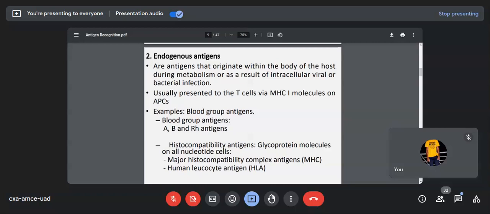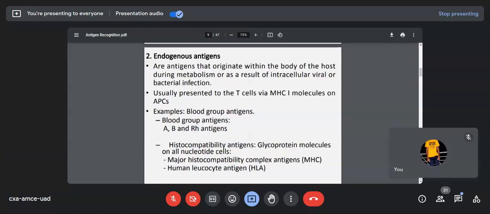Then the difference between an endogenous antigen and an exogenous antigen, apart from the location it comes from, is also the fact that endogenous antigens are presented to the T cells using a different type of MHC molecule.